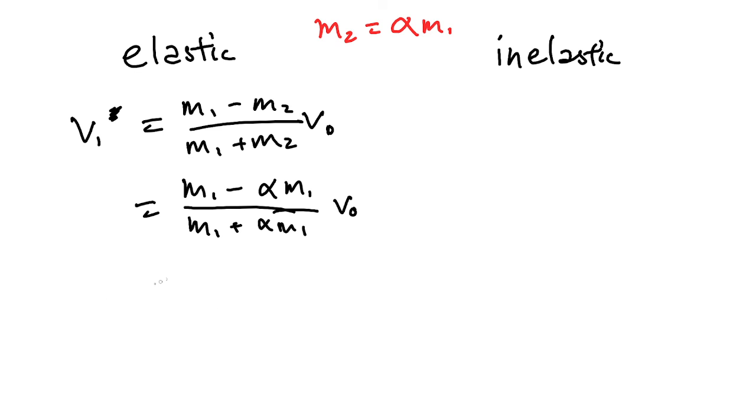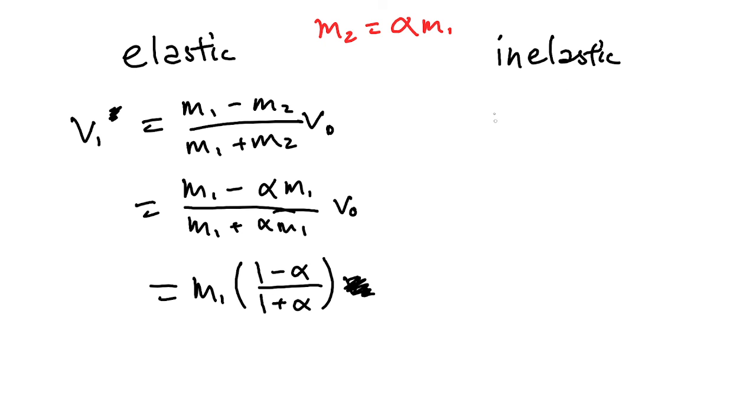So that means that this is going to be m1 times 1 minus alpha, over 1 plus alpha, and this is all multiplied by v0, which means that our ratio for elastic is going to be this, right? Or v1 over v0 is going to give us this. So let's look at inelastic, right?